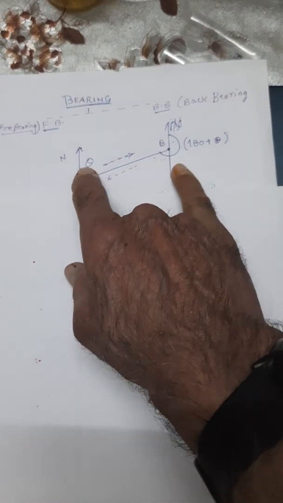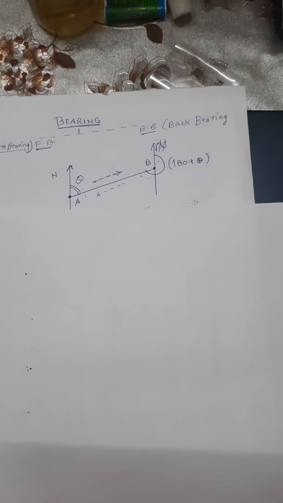When I am not getting a difference of 180 degrees between the two, there is something wrong somewhere, that the needle is not showing the correct reading. Why is the magnet not showing the correct reading? Because there must be some local attraction.